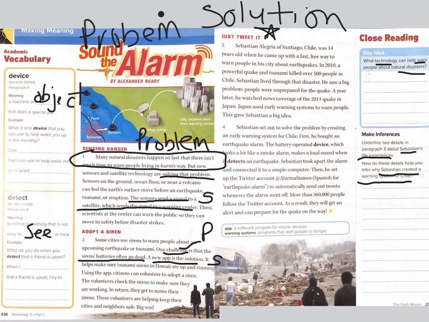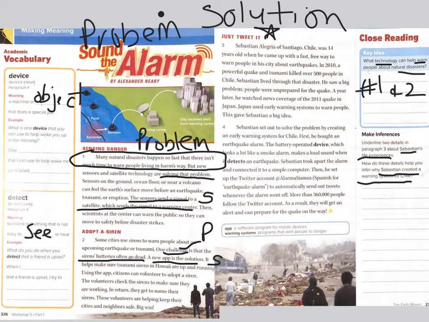So when you need to fill in the question that says, what technology can help warn people about natural disasters? You're going to use the information here from paragraphs 1 and 2 that we have highlighted, and that you will do on your own. Let's take a look at Just Tweet It.